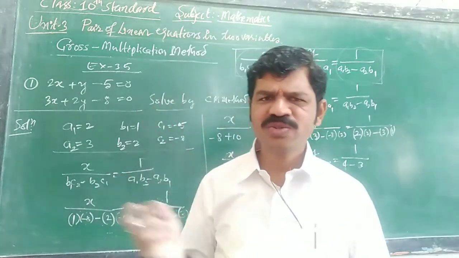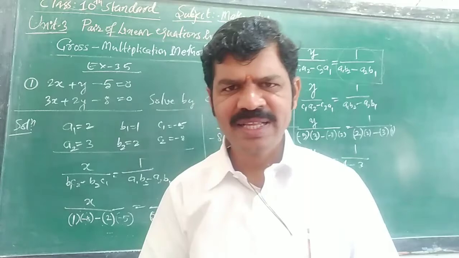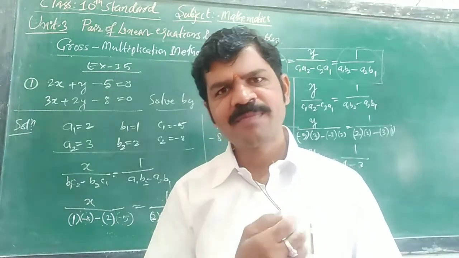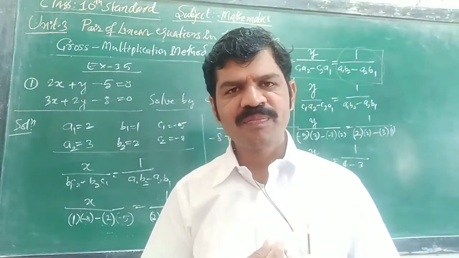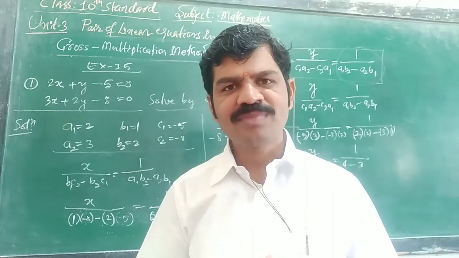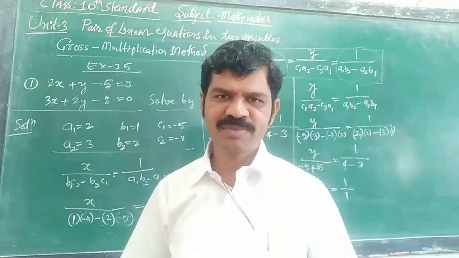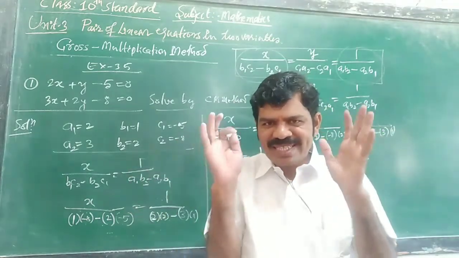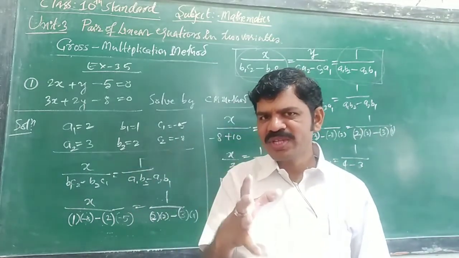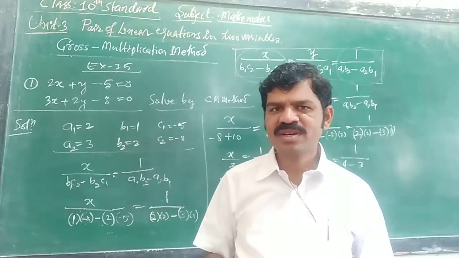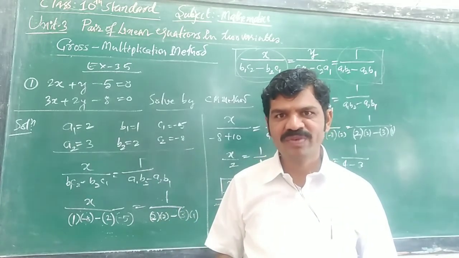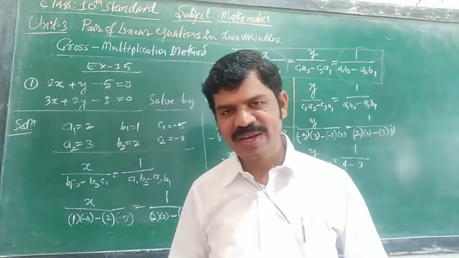You can use the elimination method, which is very easy. So either the substitution method, the elimination method, or the cross multiplication method. This is just an example to show how the cross multiplication method of solving for x and y works.